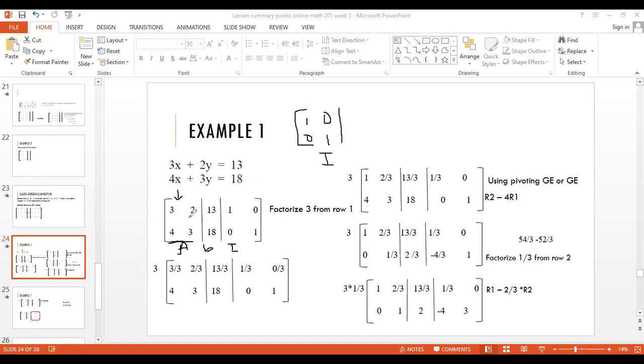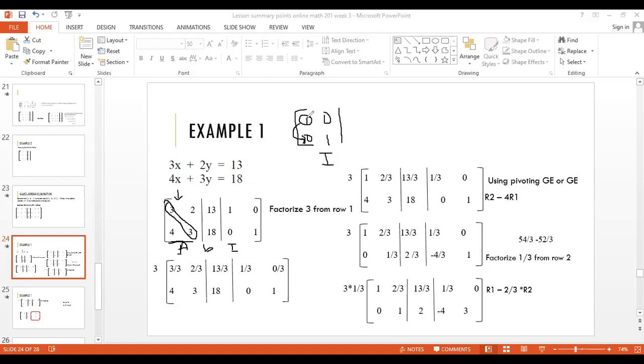So if that is the case, then the elements on the diagonal, whatever they may be, we'll have to do some factorization to get them into the form of 1, right? And then once we've obtained 1 here, we can use the 1 to eliminate whatever value we have in the other position here.